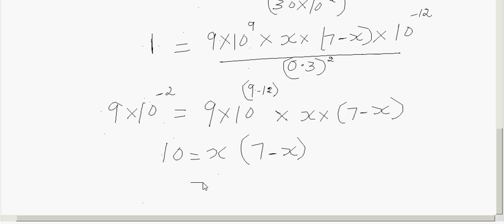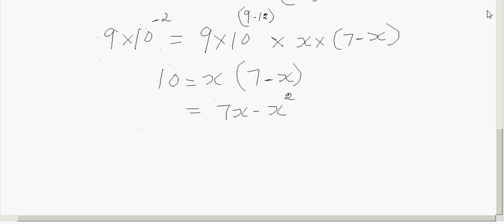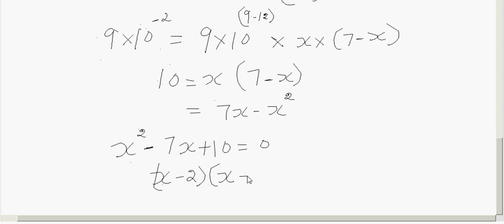So this is equal to 7x minus x square. It is a quadratic equation: x square minus 7x plus 10 equal to 0. This will give you x minus 2. Solve this quadratic equation. You will get x is equal to 2 or x is equal to 5.